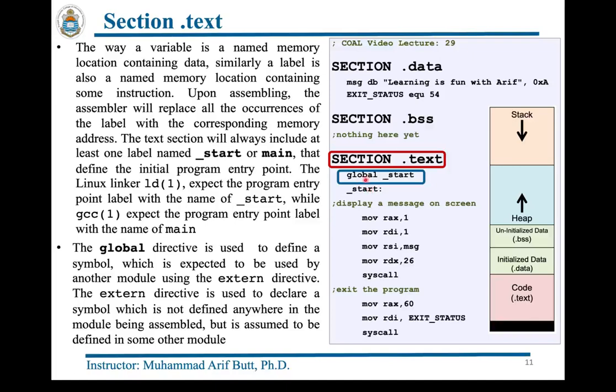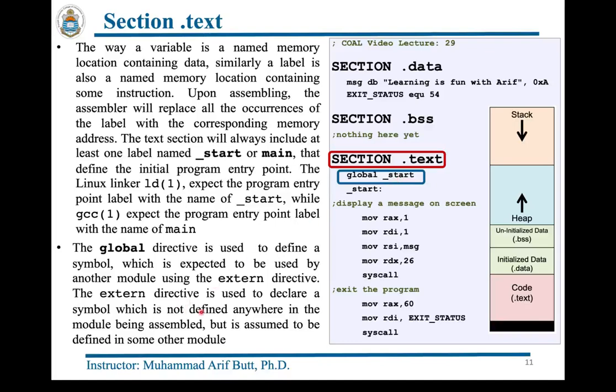This global is again a directive that is used to define a symbol. So this global _start basically defines a symbol named _start. And we have used global over here because we may want this _start to be used by some other module using the extern directive.